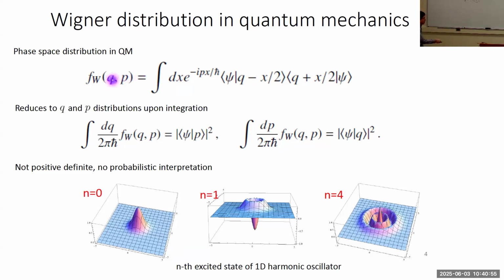So this is a Wigner function for the harmonic oscillator in 1 dimension. So the phase space is 2 dimensions, so you can calculate this Wigner distribution. And this is the ground state harmonic oscillator, which is fine. So this is position and momentum in 2 dimensions. But already starting from the first excited state of the harmonic oscillator, you get this sharp negative peak and so on. So this is a Wigner distribution in quantum mechanics.